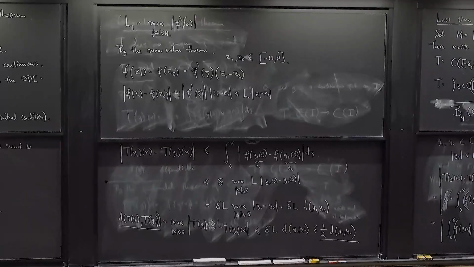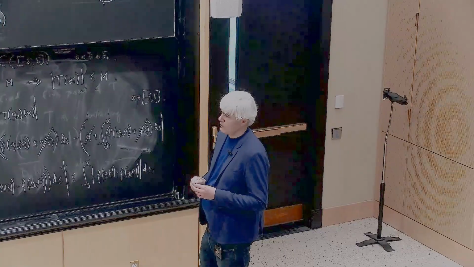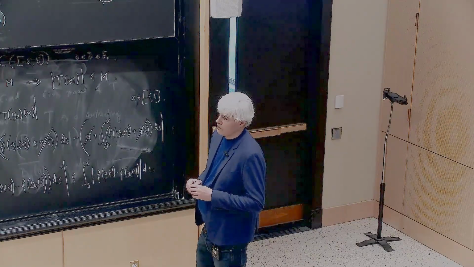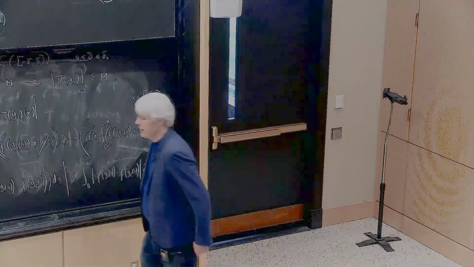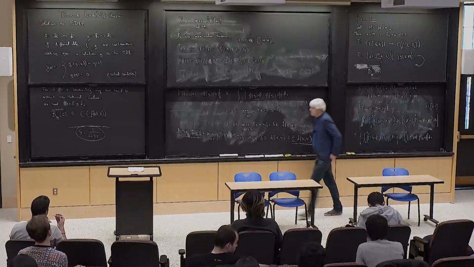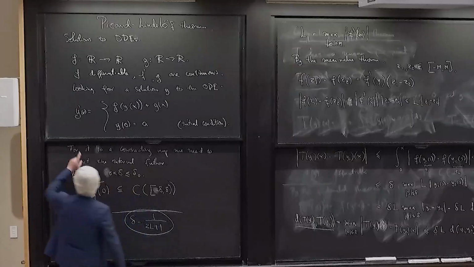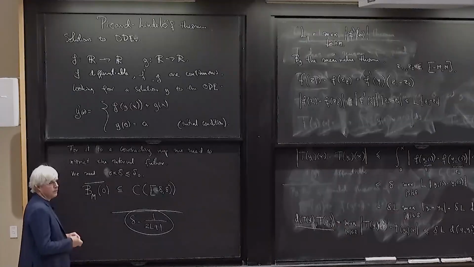And so now by the contracting mapping theorem, we have a fixed point, okay? So this solved the ODE. And it does more than that, because the contracting mapping theorem says that it has a unique fixed point.